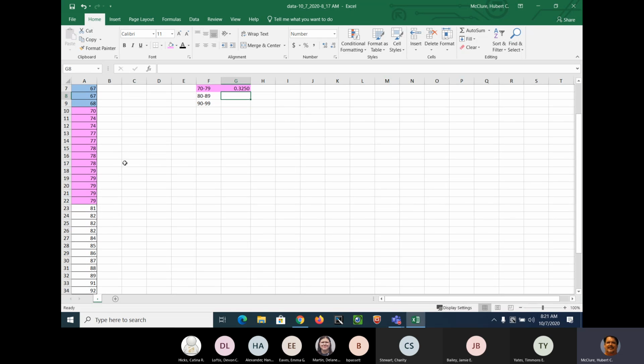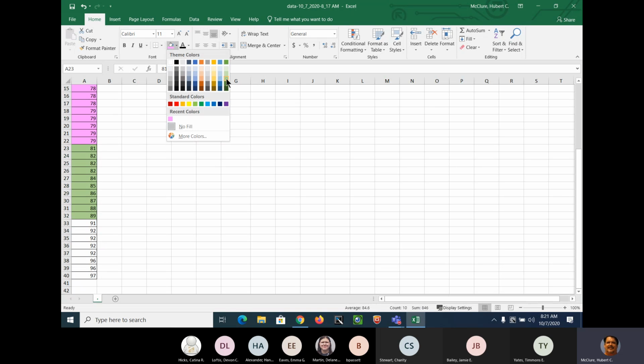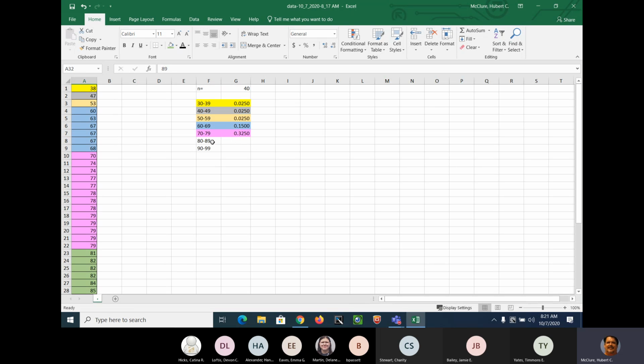80 to 89. We'll color that in some kind of green. I haven't used green yet. 1, 2, 3, 4, 5, 6, 7, 8, 9, 10 equals 10 divided by 40.